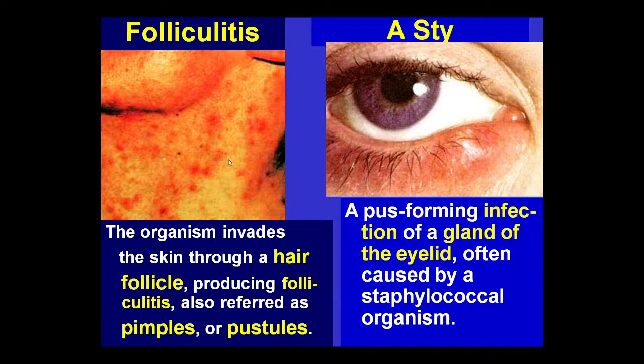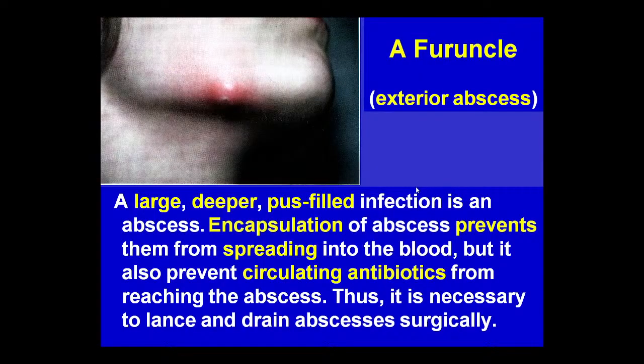Then a sty, a pus-forming infection of a gland of the eyelid that is often caused by staphylococcus. Then we go ahead with the exterior abscess that is called a furuncle. This is a large, deep pus-filled infection, and you can see that distinctly.